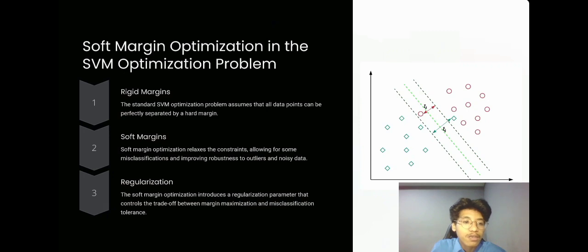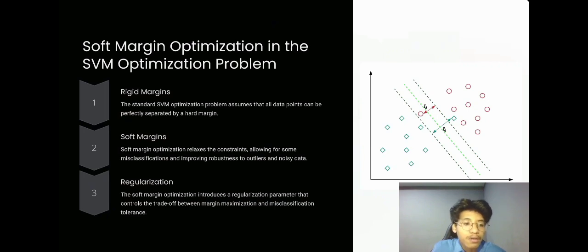The standard SVM optimization problem assumes that all data points can be perfectly separated by a hyperplane. 2. Soft margin. Soft margin optimization relaxes the constraints, allowing for some misclassification and improving robustness to outliers and noisy data. 3.